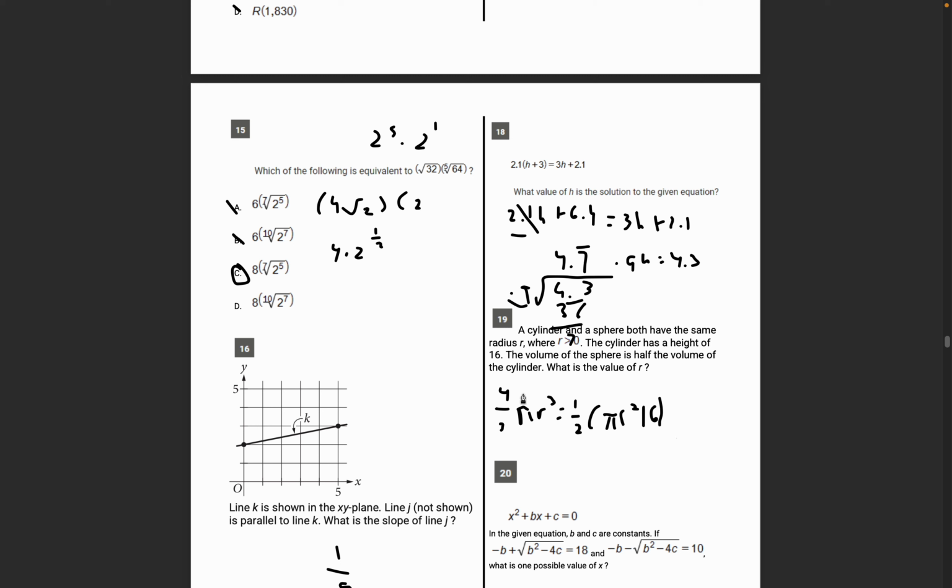Divide by pi, cancel pi. Divide by r squared. R cubed over r squared, 3 minus 2 because of the exponent, is r. So we got 4/3 r equals 1/2 times r squared times 16. Oh yeah, the r squared is gone, sorry. 1/2 times 16 is 8 times 3/4, sorry, 8 and 4, 2 equals 6.